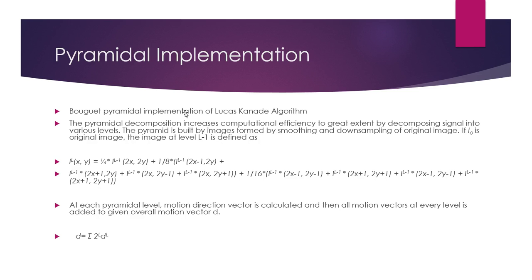Basically, with this pyramidal implementation, we calculate the decomposition of the image at various levels, and at every level a direction vector, D, is calculated. Then the overall direction vector is calculated.